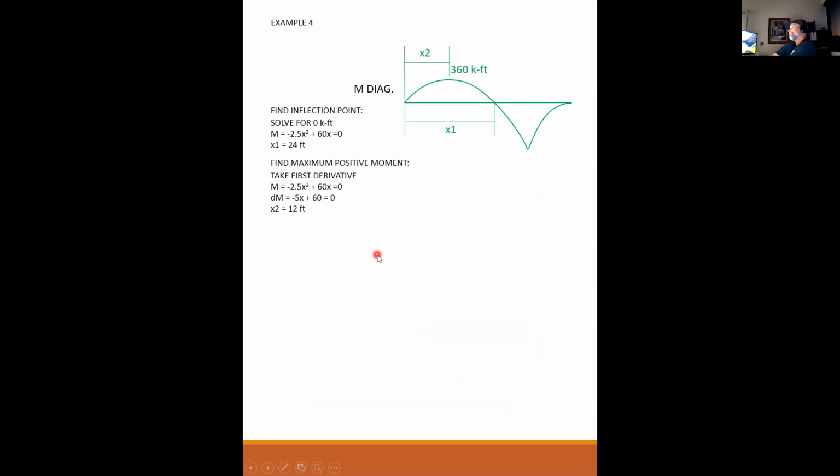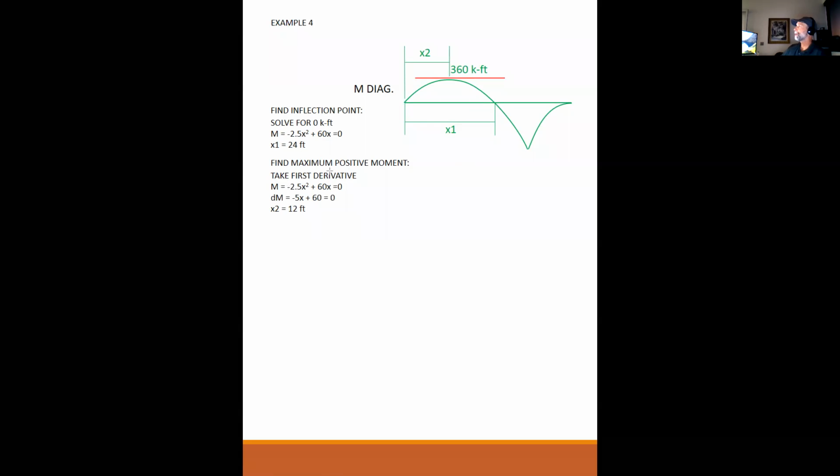So then what I did is I said, instead of finding where the shear is equal to 0, if you weren't sure that that is where the maximum moment is, we can recognize, and I'll explain this just a little bit, that where this is at its maximum, the slope has to be equal to 0.